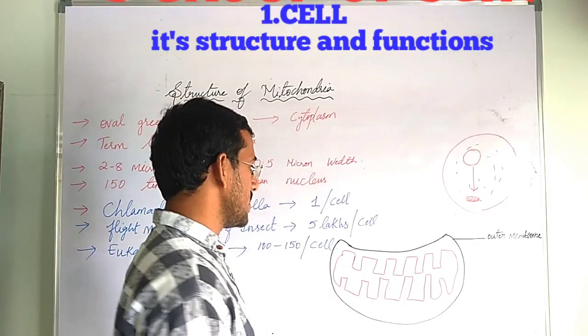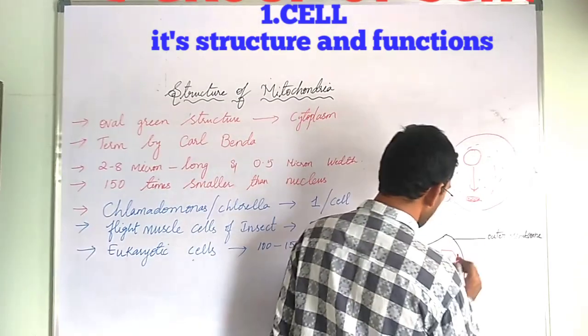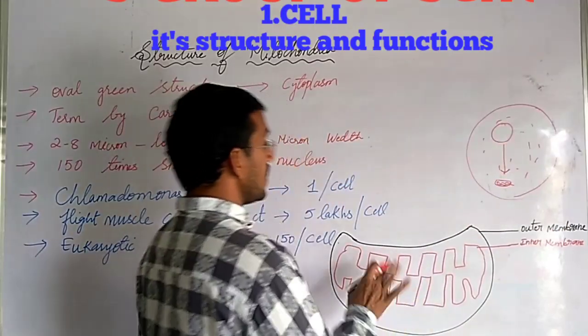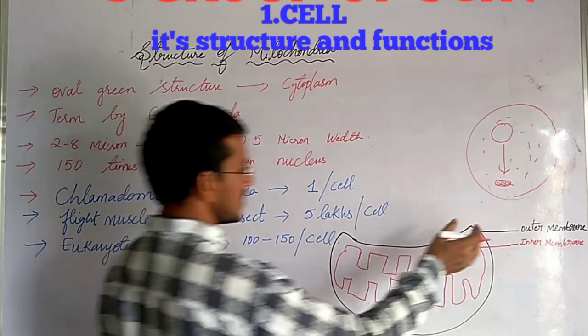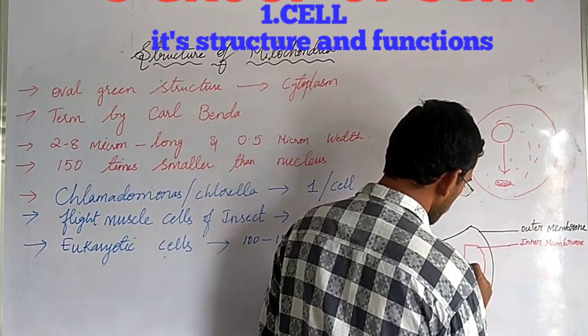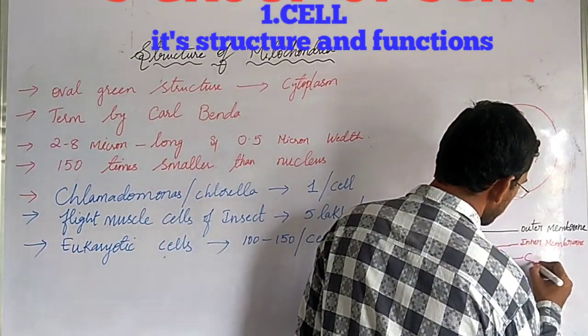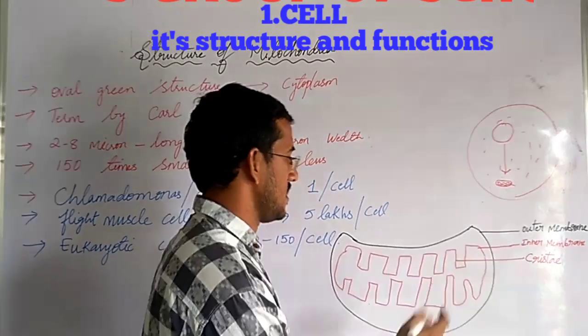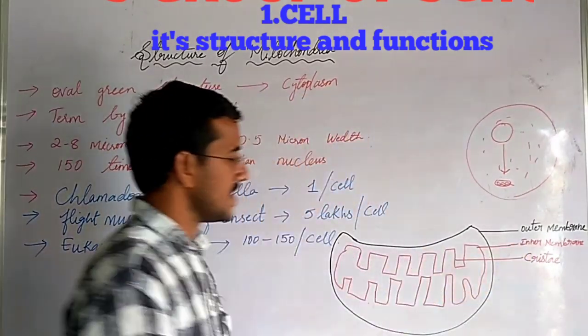So it has two membranes. This is outer membrane and this is inner membrane. Mitochondria is made up of two membranes, outer and inner. And these foldings like this are called cristae.